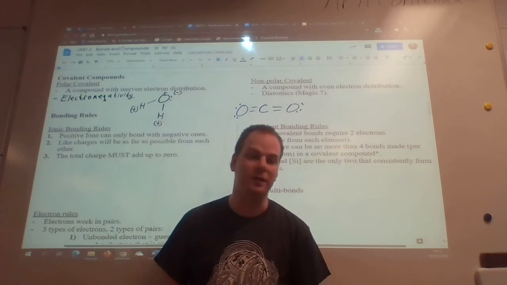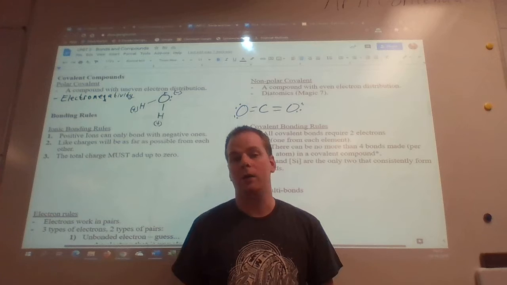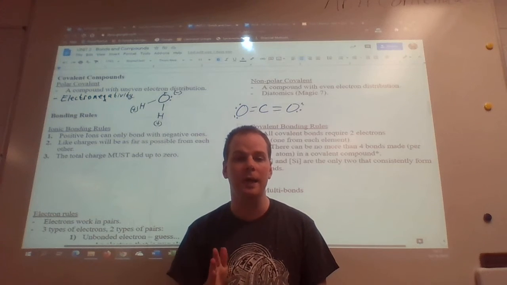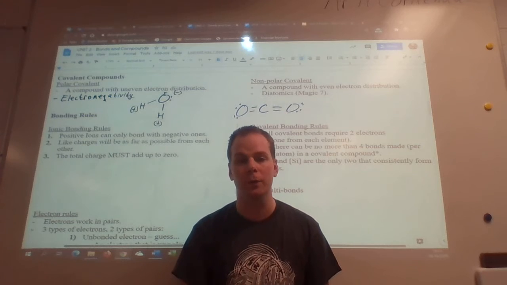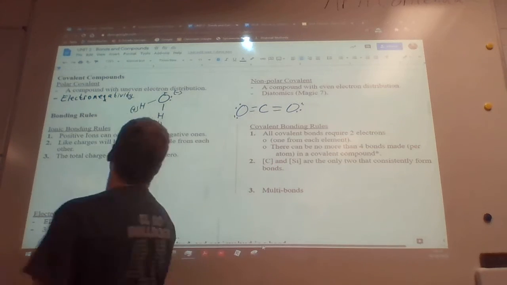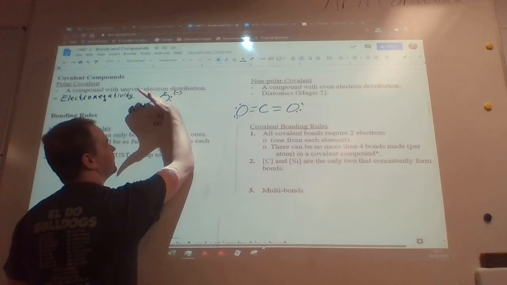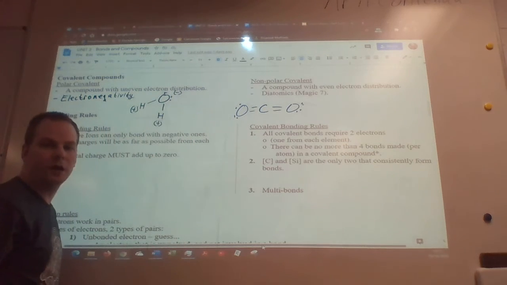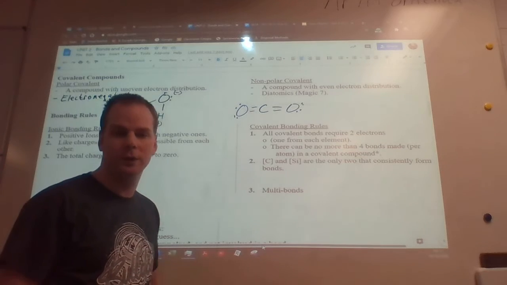CO2 is symmetrical. Now, so is water, you might say, but it's symmetrical in the line between the positive and negative regions. If we draw a line between the positive part of water and the negative part of water, it's not symmetrical. The oxygen is on one side, the hydrogens are on the other side.